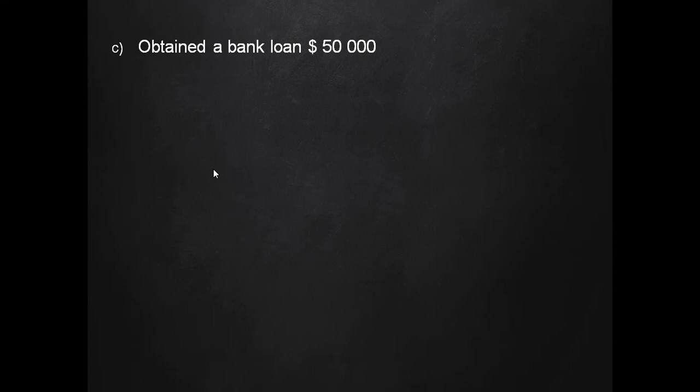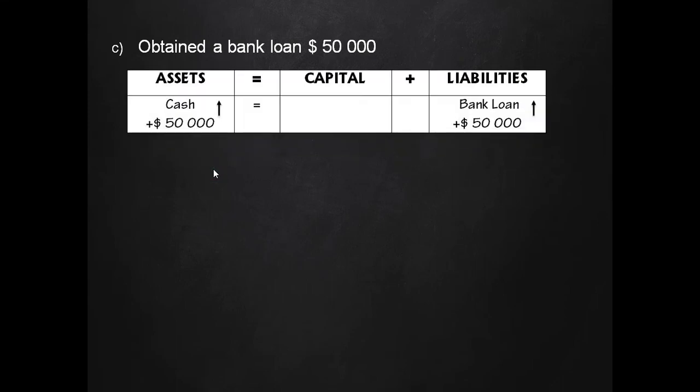The liability called bank loan will increase by $50,000. When you obtain a bank loan, cash will increase by $50,000, and the bank loan is a liability, so liability is also increased by $50,000.